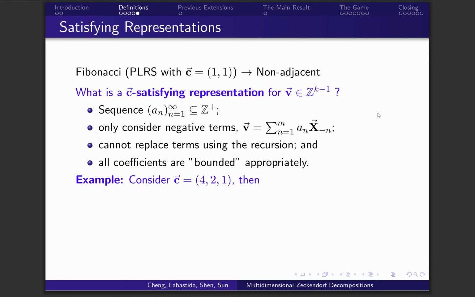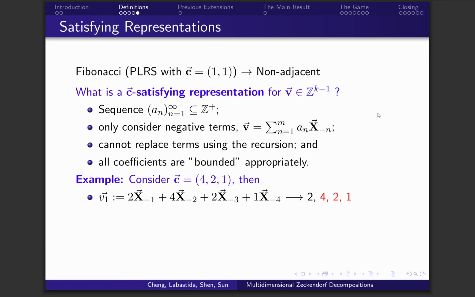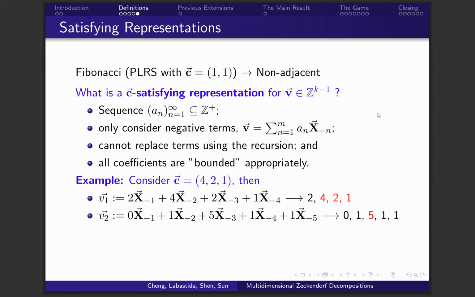For example, let us consider vector c = (4, 2, 1), and the first example is v_1, whose coefficients are 2, 4, 2, 1. So we can use the recursion, which means it is not satisfying. And the second example, vector v_2, whose coefficients are 0, 1, 5, 1, 1.